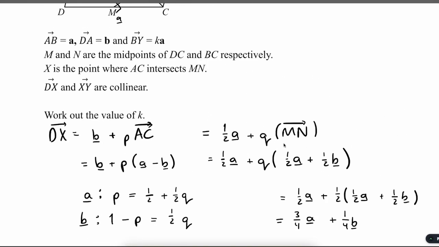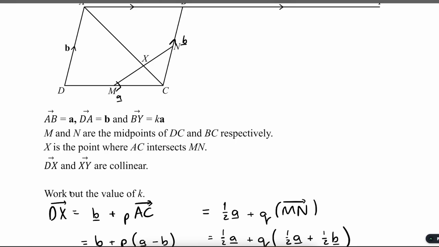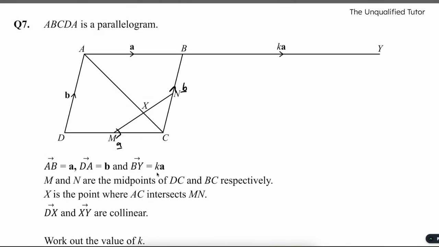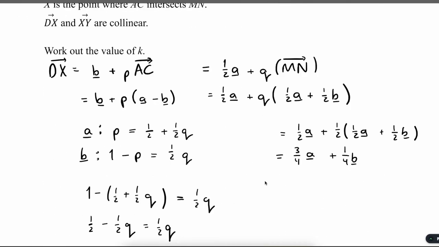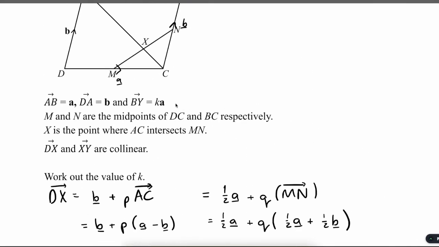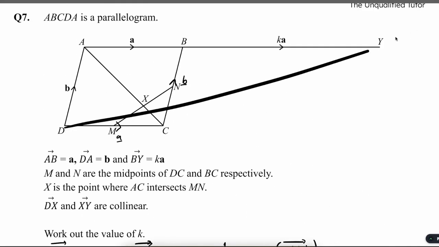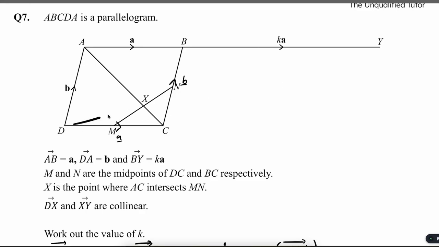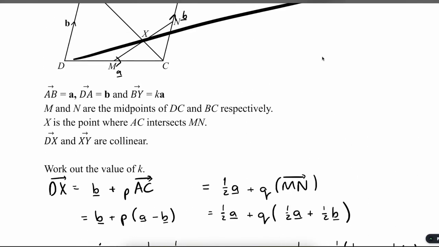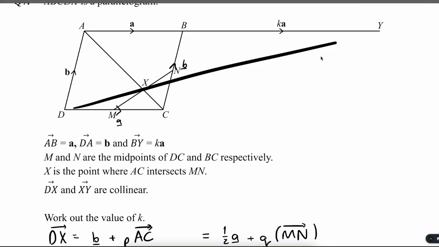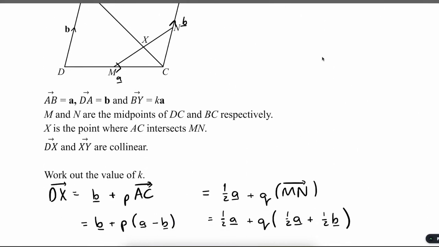So we've found DX. Now it tells us DX and XY are collinear, and that means that DX equals R lots of XY. So we're using another scalar parameter here. Because they're collinear, DX must equal some multiple of XY. So we need to find XY.